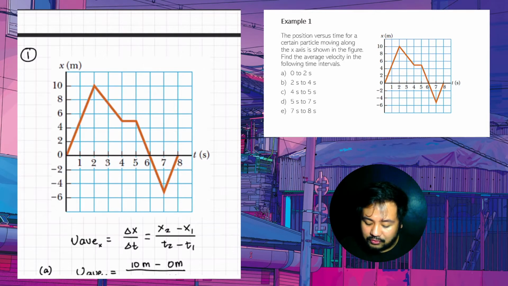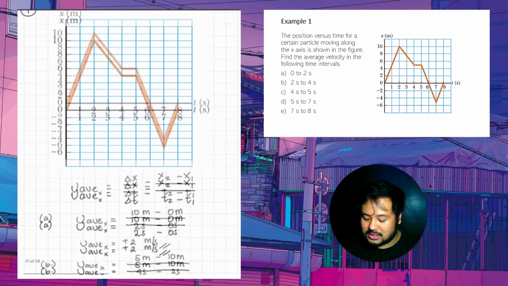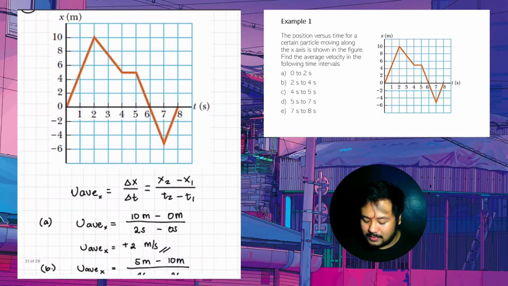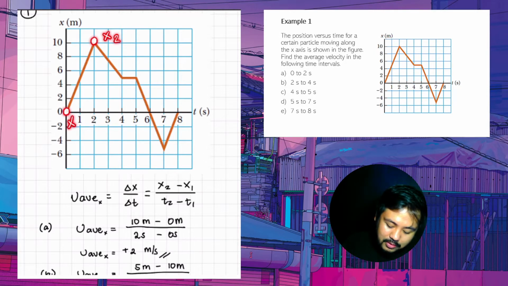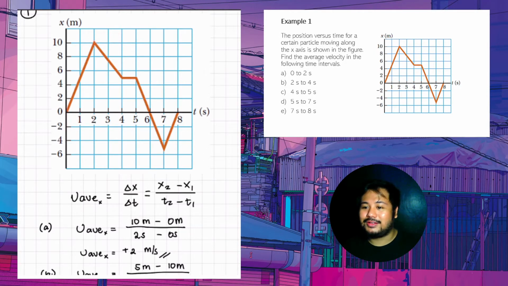We have to find the average velocity, so we have to find the slope. For letter A, that is just delta x over delta t. This will become your x2 and this point at 0 seconds will become your x1. So x2 minus x1: 10 meters minus 0 over 2 seconds minus 0 seconds.